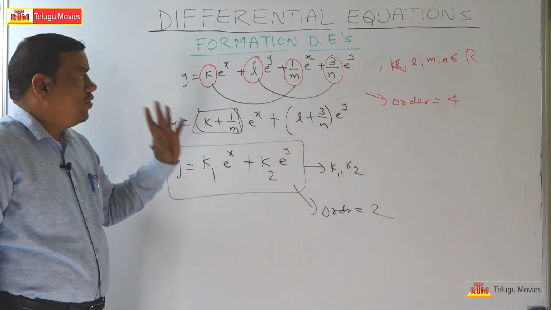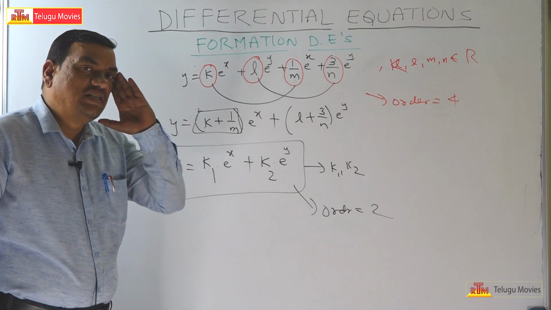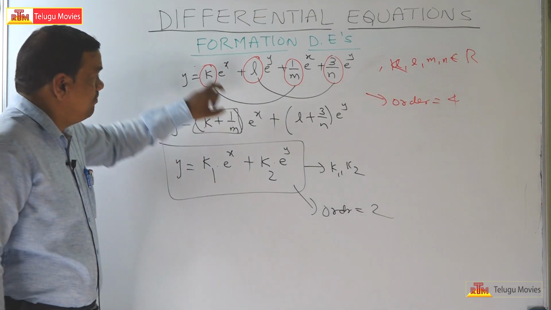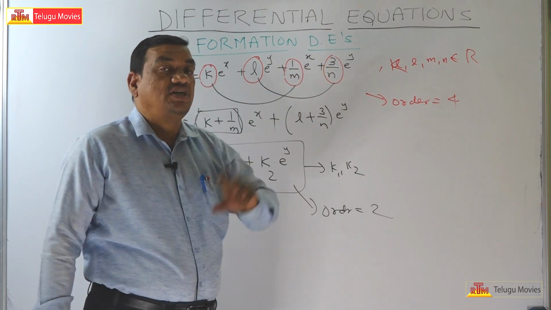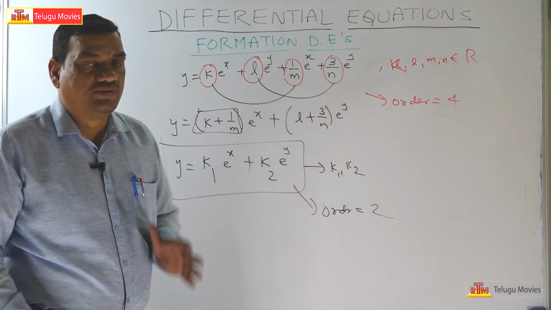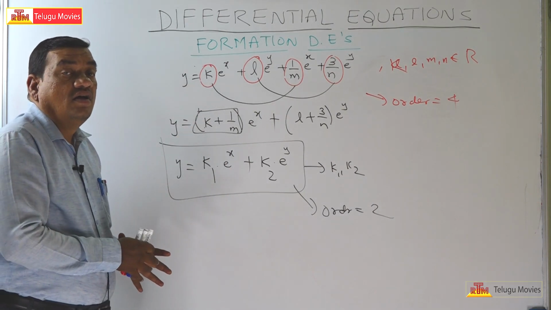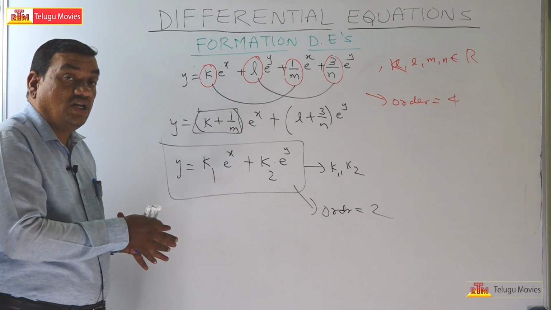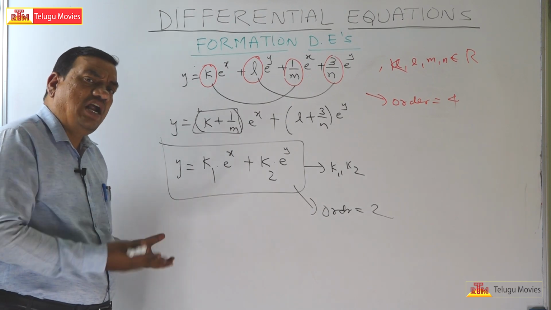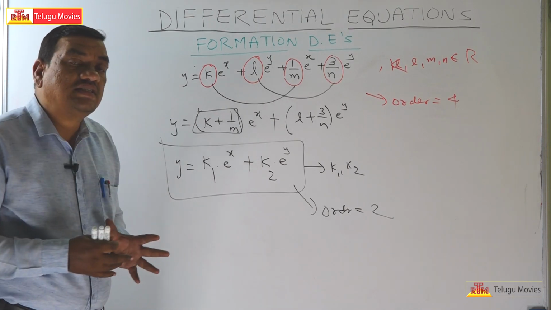Understand this? But don't have the misconception that by simply counting the number of constants, the order of the differential equation is that. Don't have that misconception. First, you simplify the given equation if possible. If it is not possible, we cannot do anything. If possible, you simplify this.